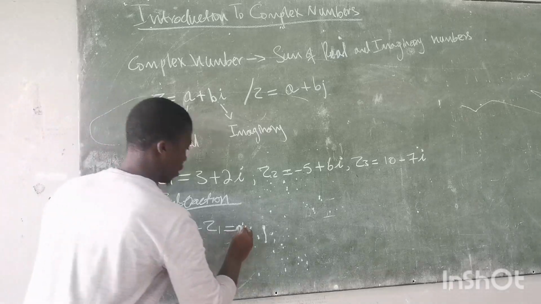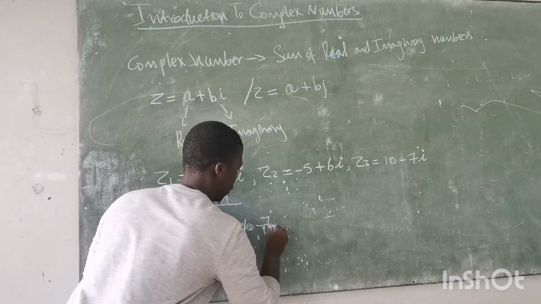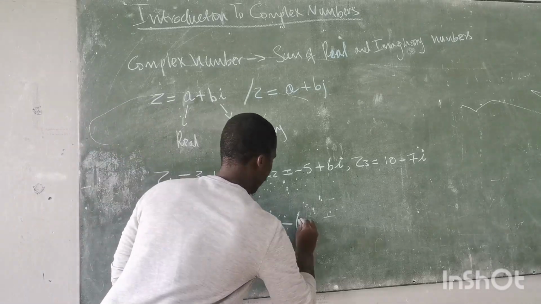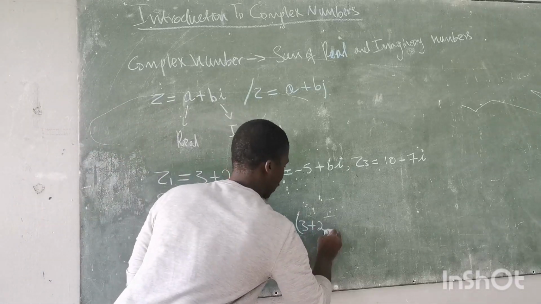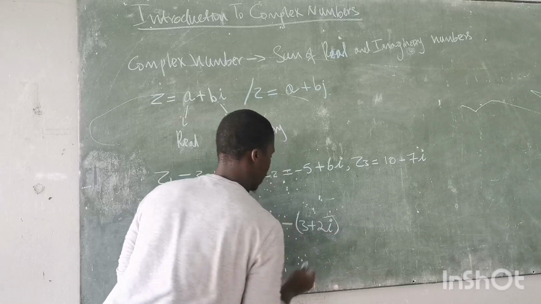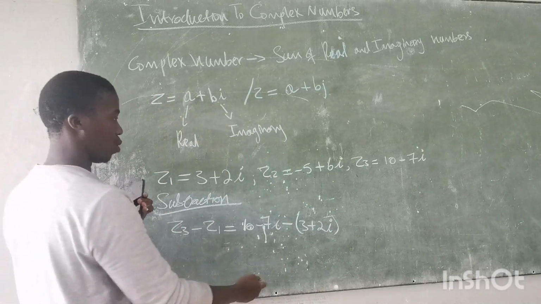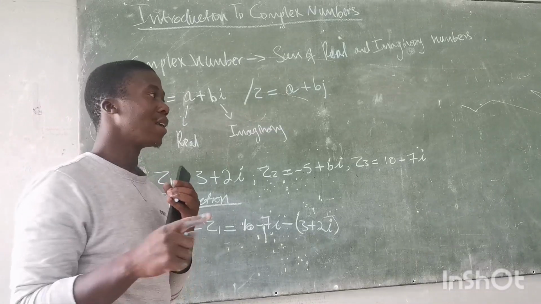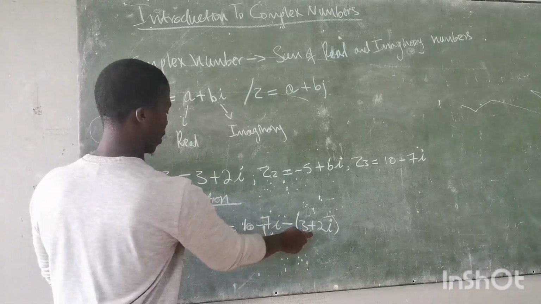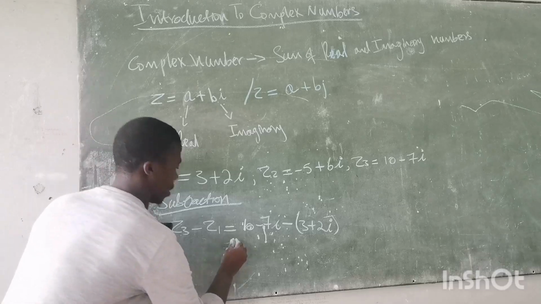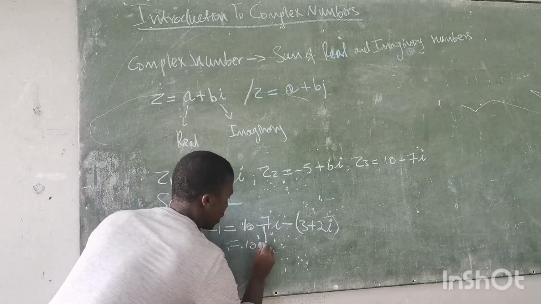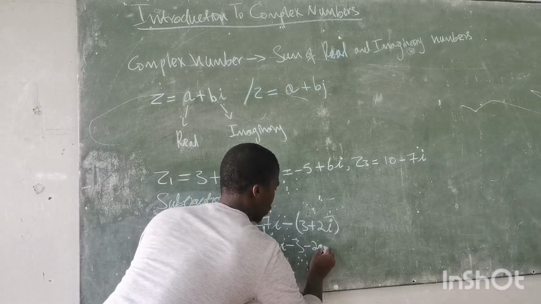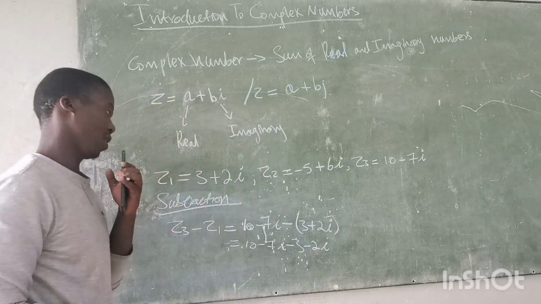Z3 is 10 minus 7i, minus Z1, which is 3 plus 2i. The reason we put in brackets is because this sign is still going to multiply each and every term within Z1. So basically we have 10 minus 7i minus 3 minus 2i.